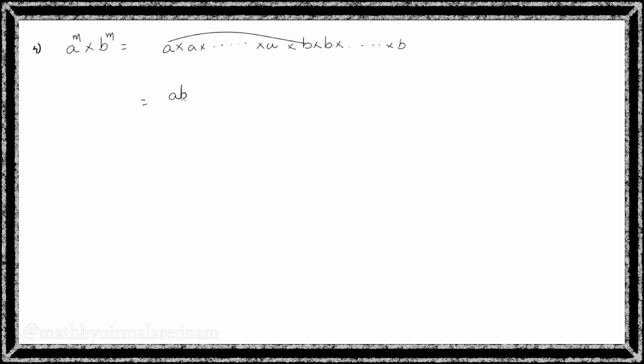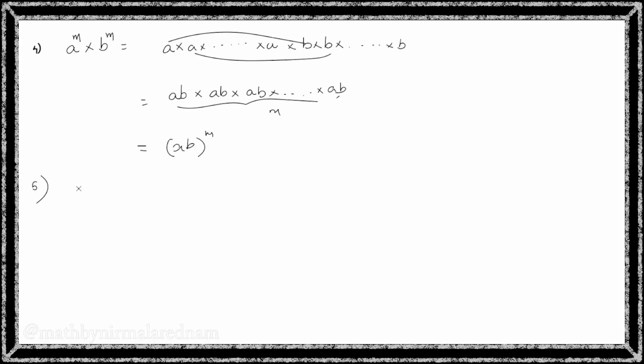So if I write a into b as ab, the second a with the second b, the third a with the third b, and so on, the mth a with the mth b. So how many ab's do I have here? I have m ab's here. So that means I can write this as ab whole power m. So that's how we are going to look at it. That is your fourth law.